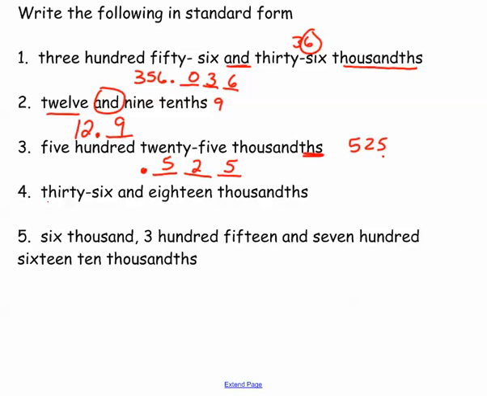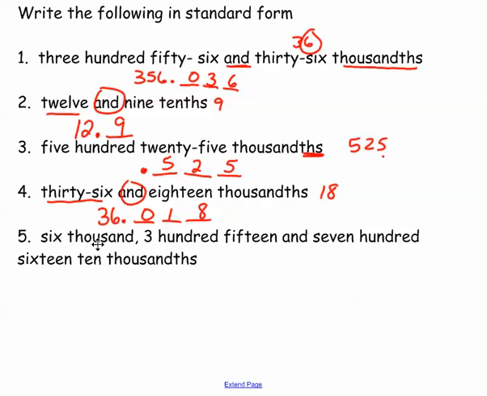Let's check the next one. 36 and, so that means that's in front, and 18 thousandths. Well, I know you know how to write 18 thousandths, so we've got tenths, hundredths, thousandths. The last digit should go in that last place value, so I guess I need to fill it with a 0.